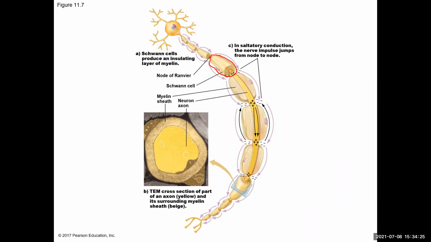Now, between these myelin sheaths, there are gaps, like we see here and there. These gaps are known as the nodes of Ranvier, and this is where the action potentials propagate. And so you have your action potential propagate at these nodes and are carried down the neuron. Okay.